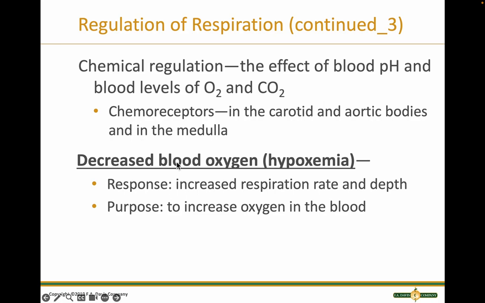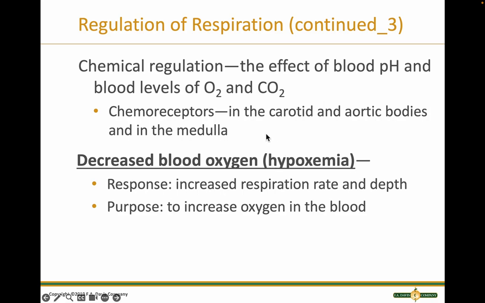The word we use for decreased blood oxygen, so a normal blood oxygen is 100% or 99%, is hypoxemia.